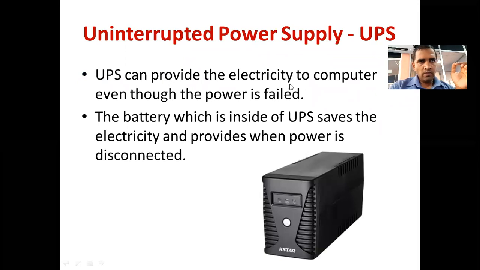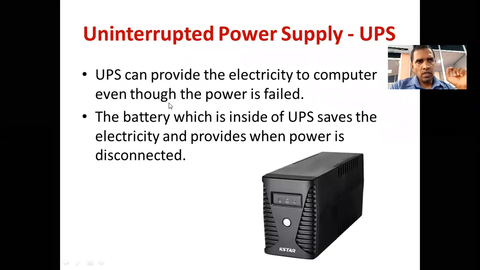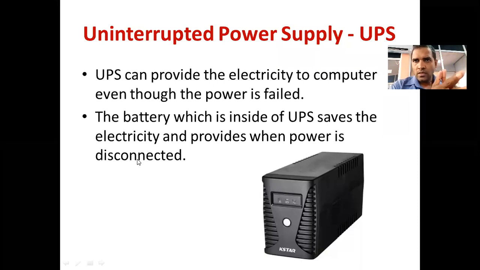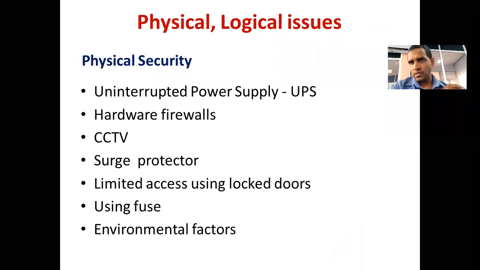UPS can provide electricity to the computer even though the power has failed. The battery inside a UPS saves the electricity and provides it when the power is disconnected. So UPS is nothing but a battery that keeps the electricity and supplies the power whenever it is needed. So that is one of the physical security methods.